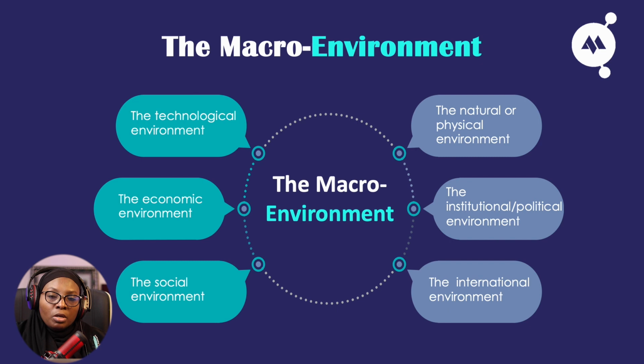Also, in terms of wars that take place nowadays, like Ukraine with Russia, and how that affected the oil prices, and in turn affected the prices of goods and services across the board. So we see there's a wave effect when you talk about the international environment.